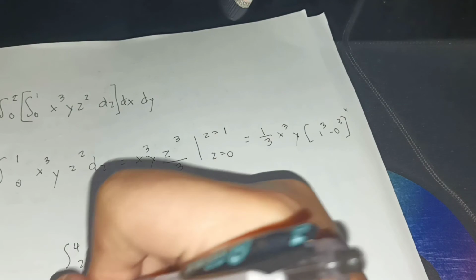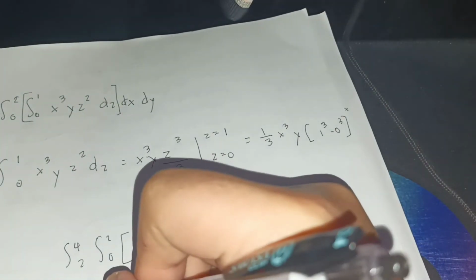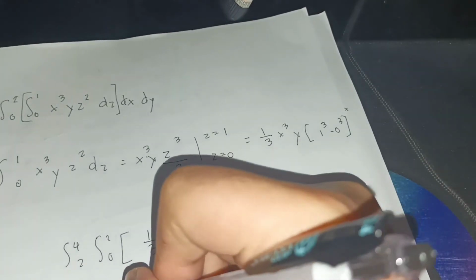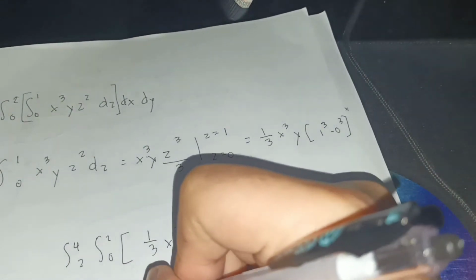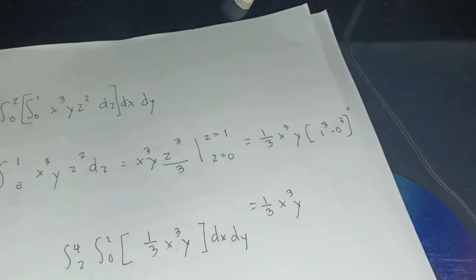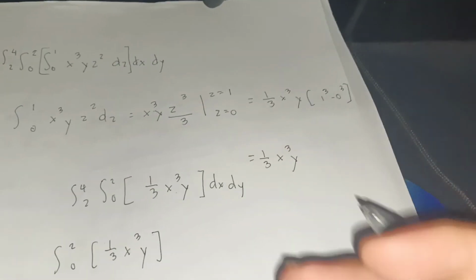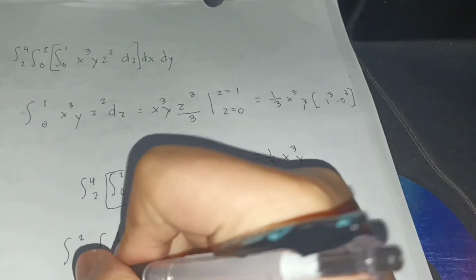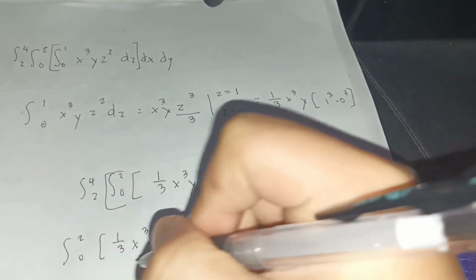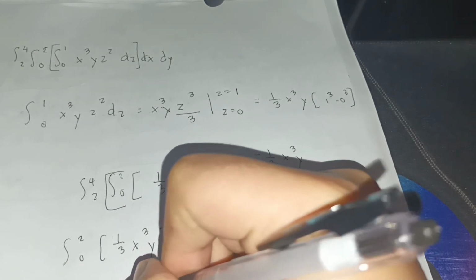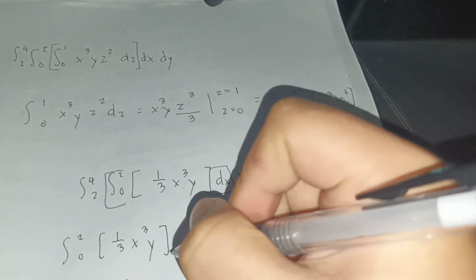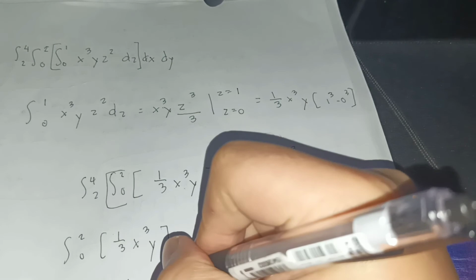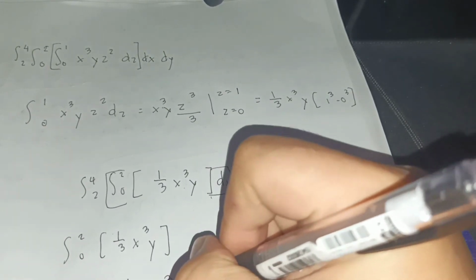Just copy this one again. 2 0, 1/3 x cubed y squared. Forgot that this is now, instead of that, just copy this. This will be now the constant, x cubed y dx.